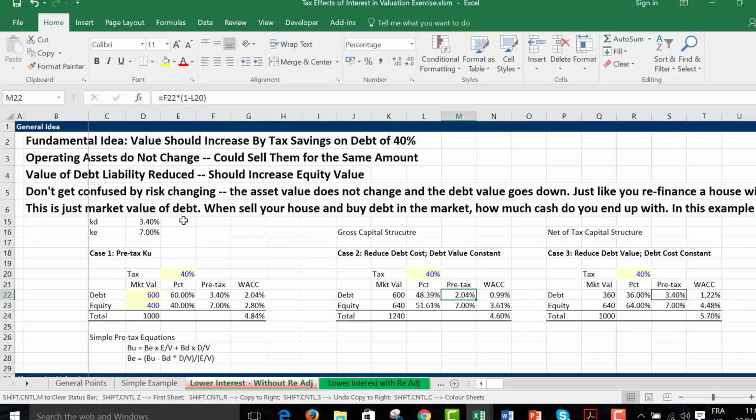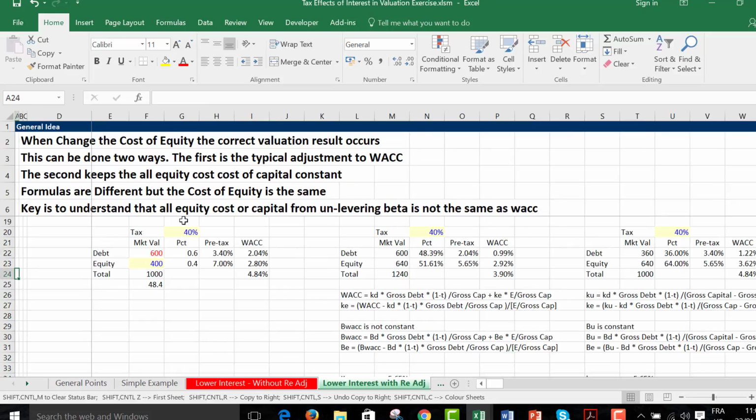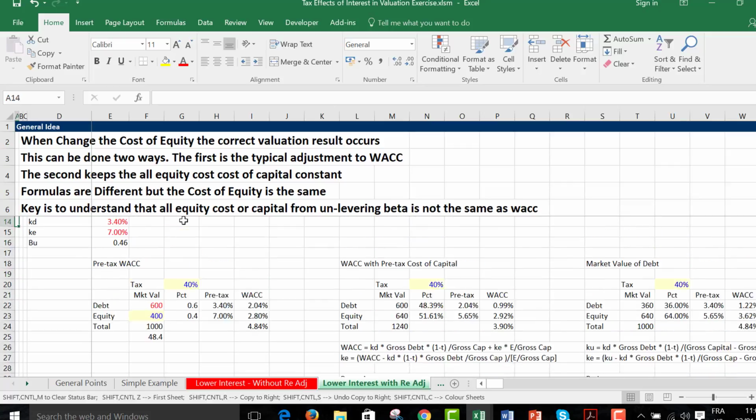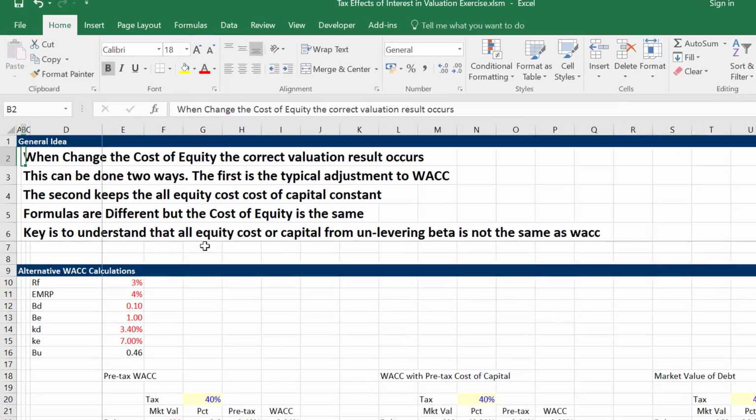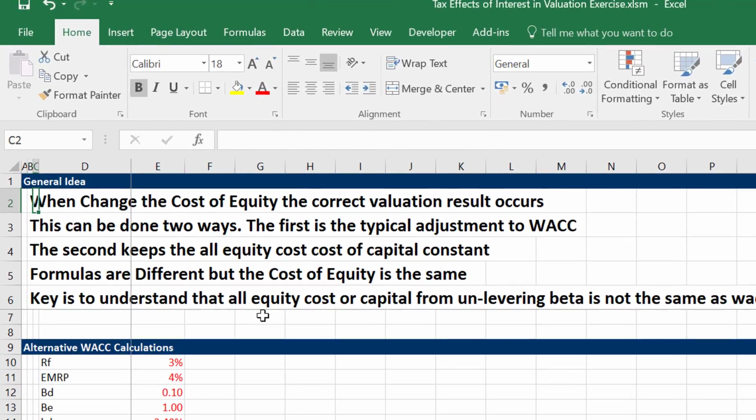Now, I'm going to do one more thing, and then we're going to make a second video on this. Okay. Here, now I'm going to adjust the cost of equity, and then we can see that the correct valuation occurs. And we can adjust the cost of equity in two ways.